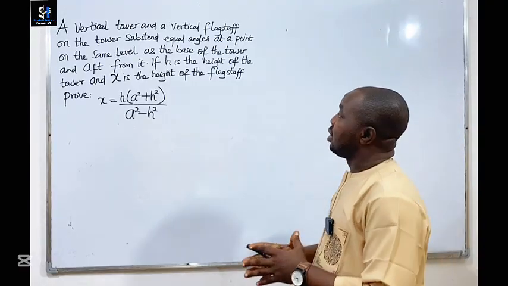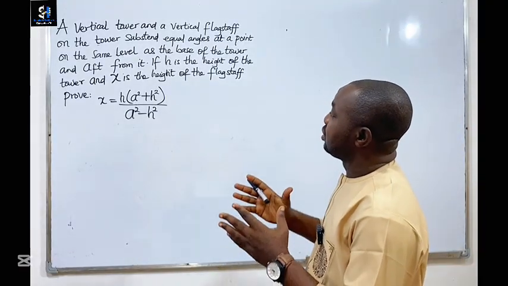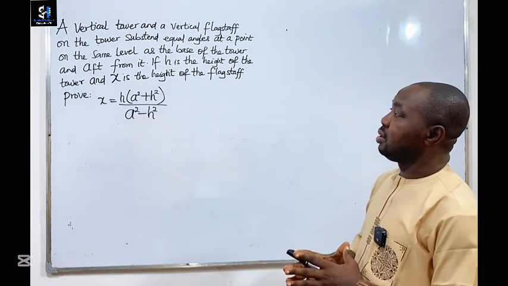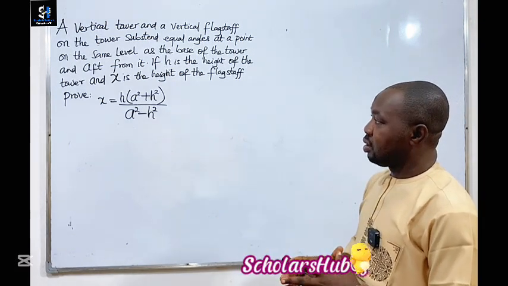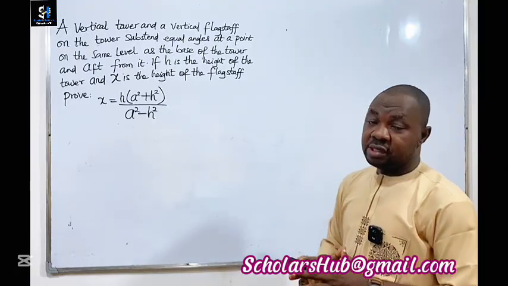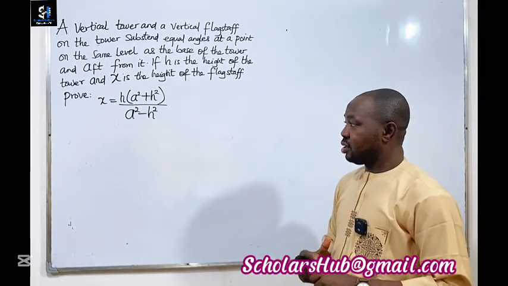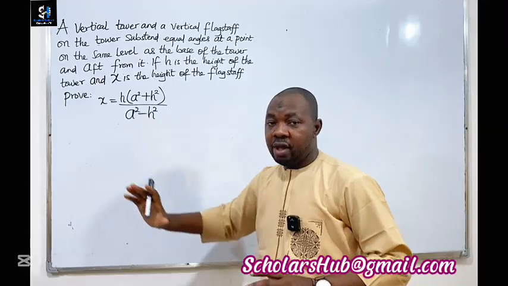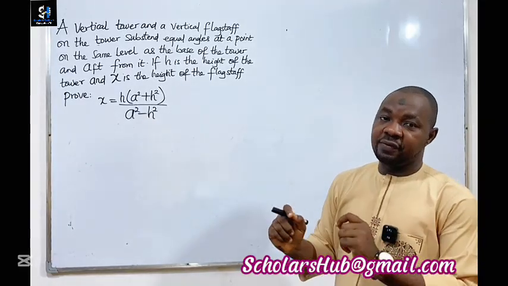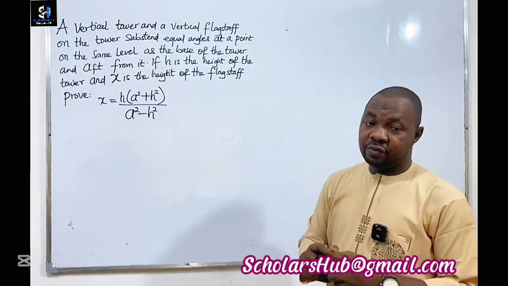A vertical tower and a vertical flagstaff on the tower subtend equal angles at a point on the same level as the base of the tower and a feet from it. If h is the height of the tower and x is the height of the flagstaff, then we're asked to prove for x. Let's not forget that x is the height of the flagstaff, and h is the height of the vertical tower.